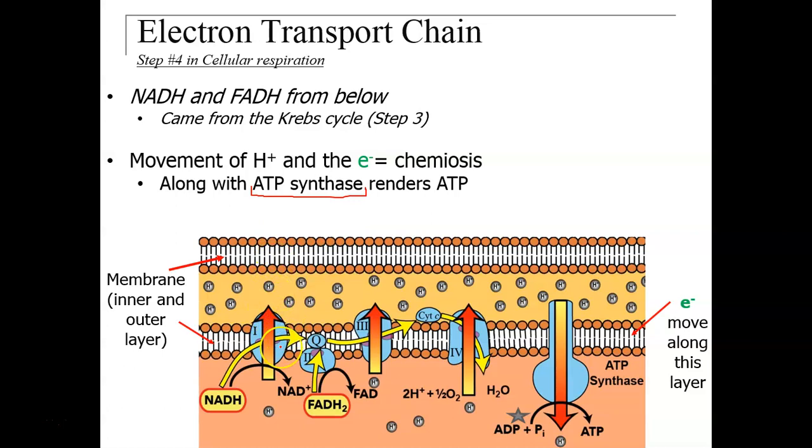So, anyways, with the presence of NADH, we can see NADH goes across, and then it becomes NAD positive.